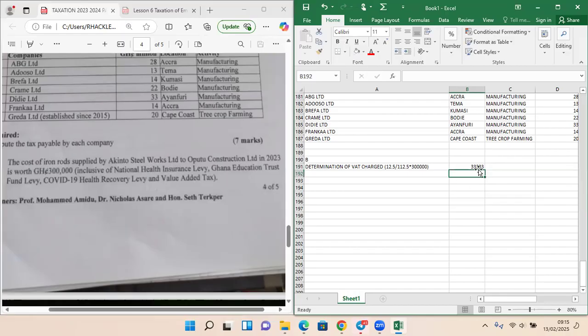But now we determine the VAT exclusive amount.